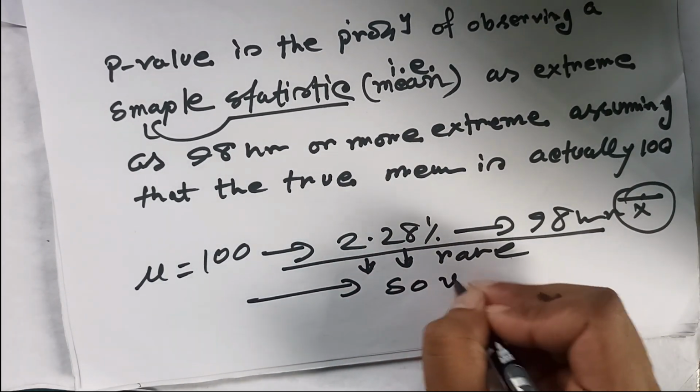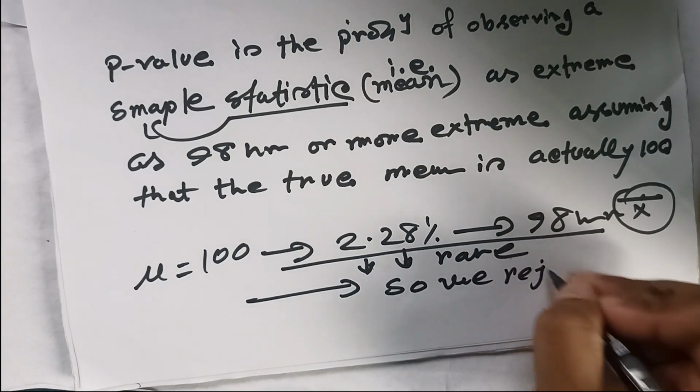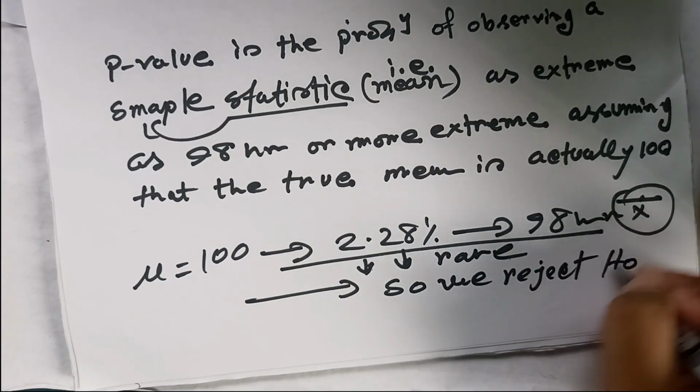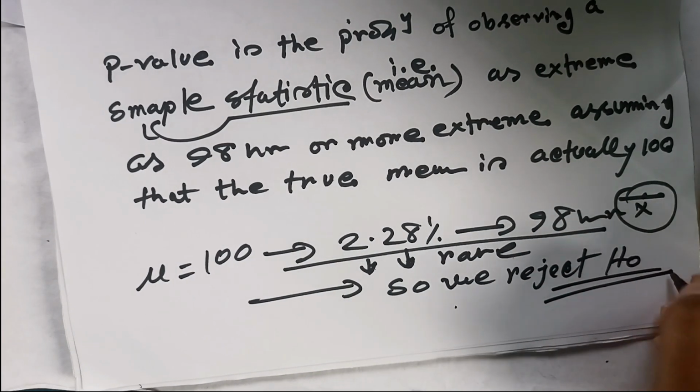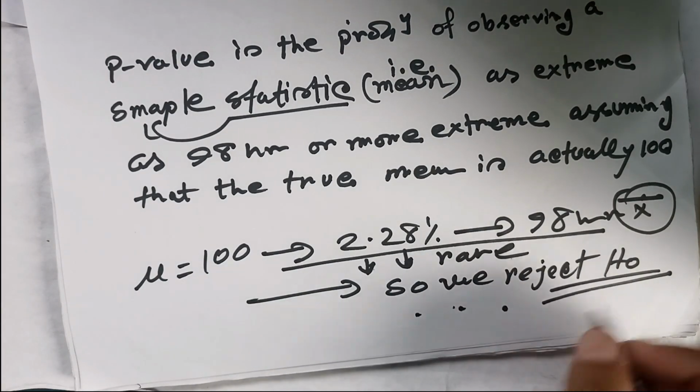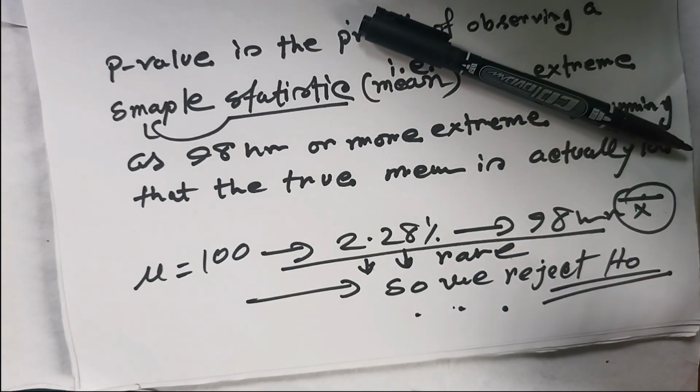So we reject the null hypothesis and we accept the alternate hypothesis. So that is actually what the p-value is.